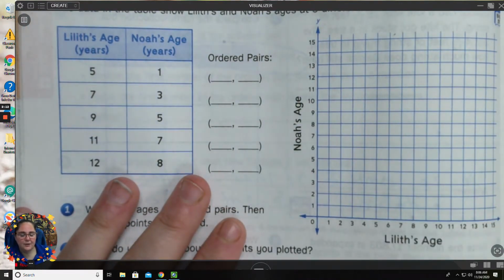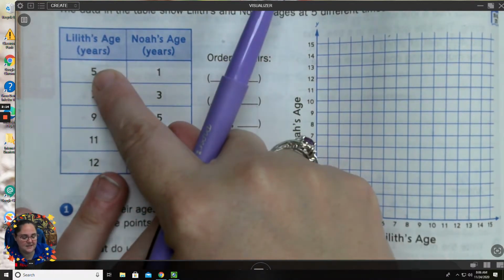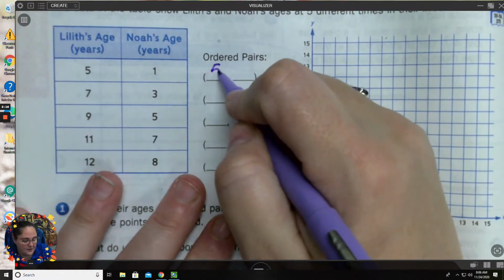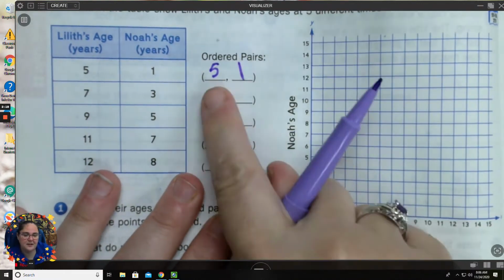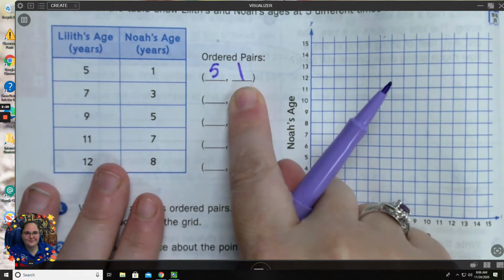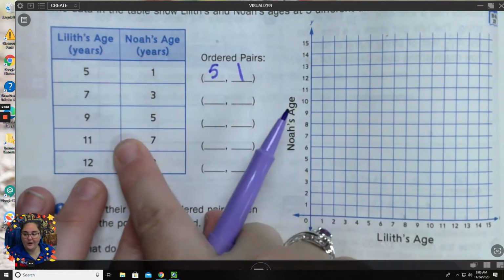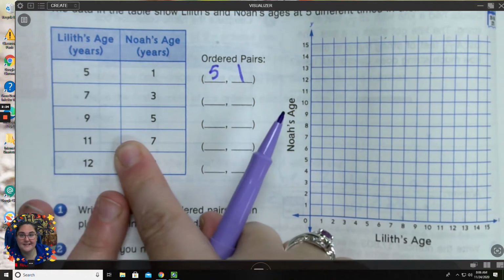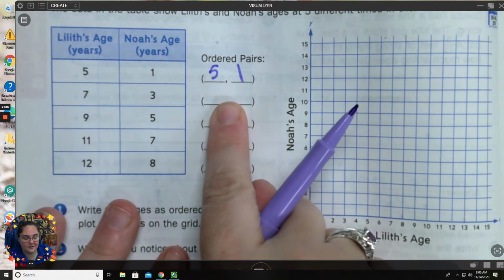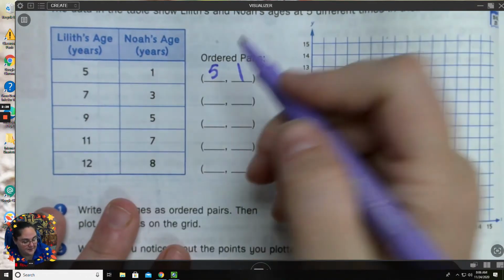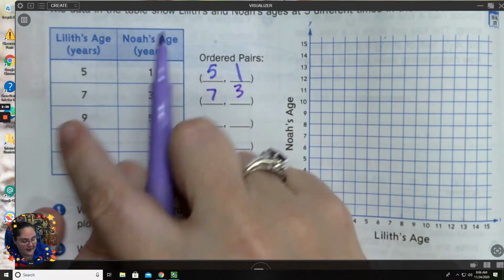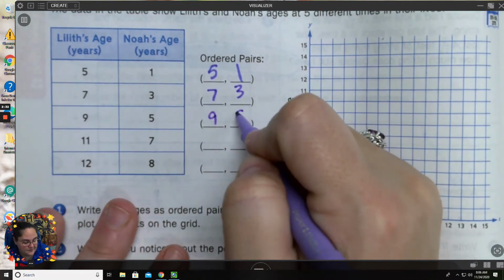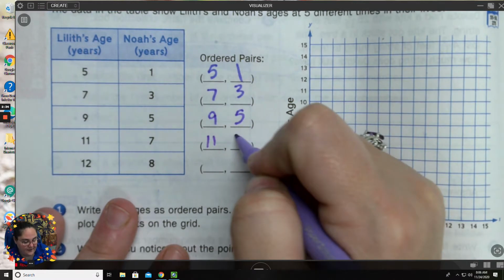All right? The way that you're going to do this is Lilith's age will be 5, Noah's age is 1. So literally that's what makes your ordered pair. After you have your information in your data chart, it's a lot easier to make your ordered pairs. 7 and 3, 9 and 5, 11 and 7.